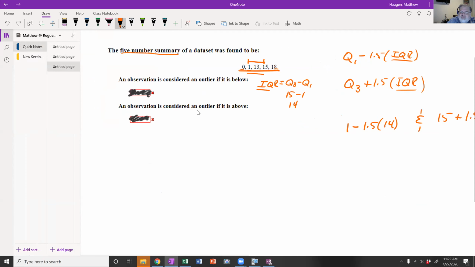This question is saying, I've already found the Q0, Q1, median, Q3, and Q4. Using those, tell me what my IQR and my cutoffs are. We're not being asked to treat this as a new set of raw data.